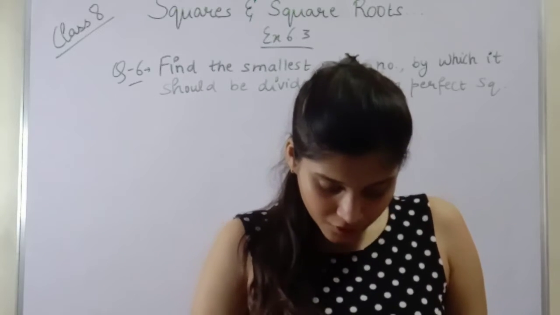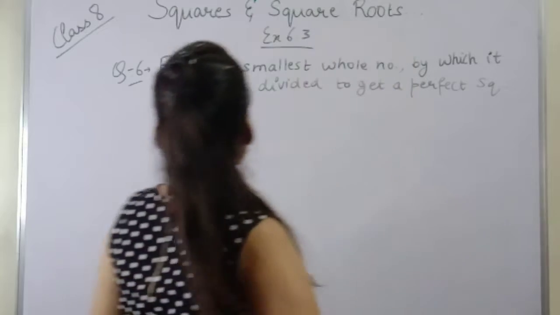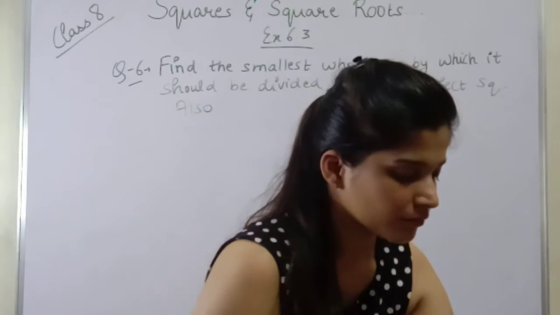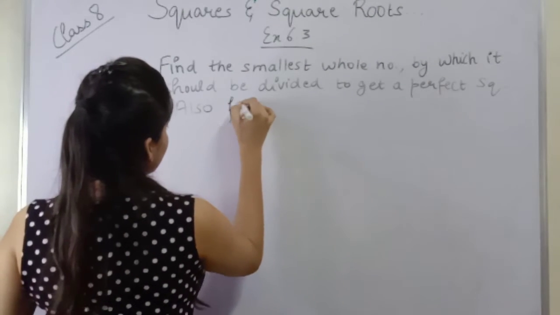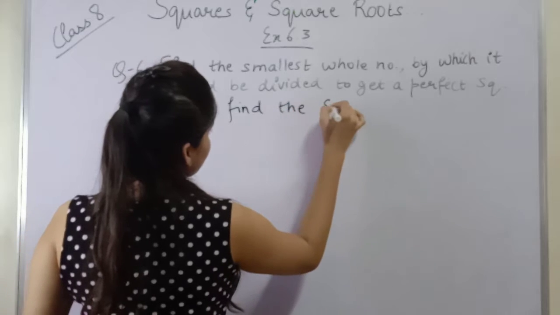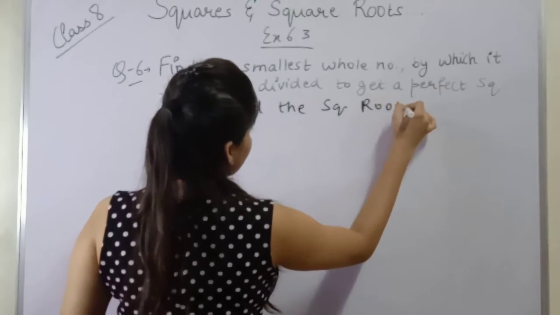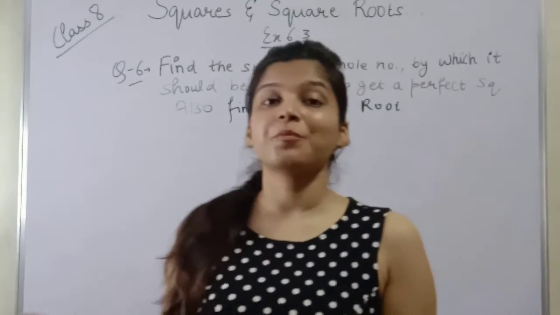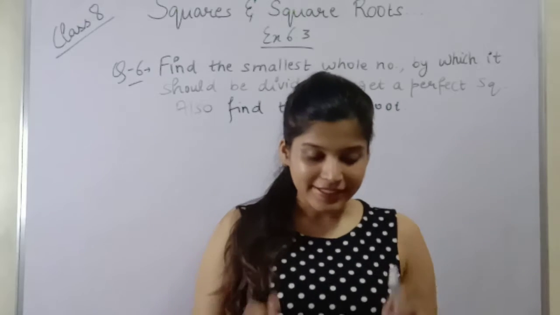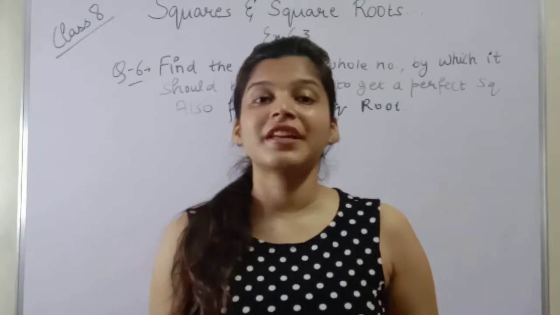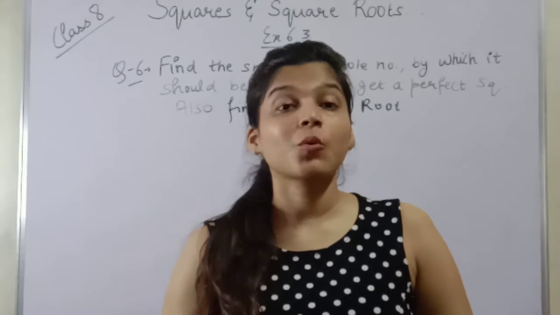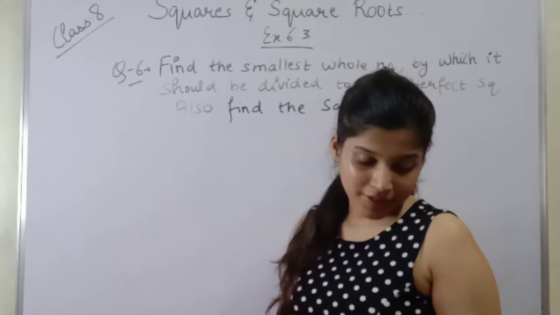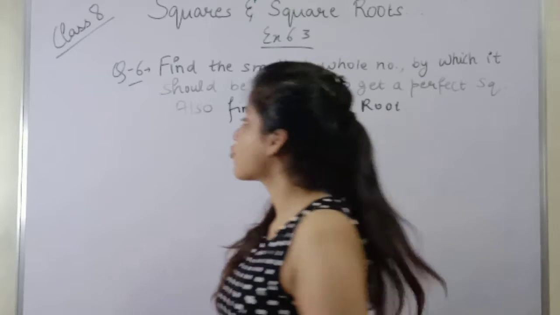Also find the square root of the number so obtained. Now we have to find the smallest whole number by which the number should be divided. It means that the numbers given in the parts are definitely not perfect squares. वो perfect squares नहीं है, हमें उन्हें perfect square बनाना है. ठीक है? Question number 1, part number 1 is 252.